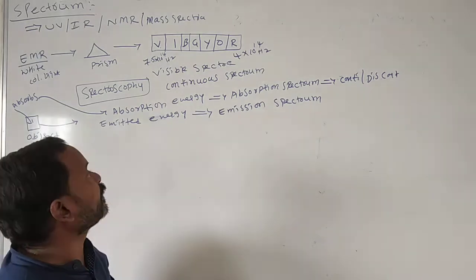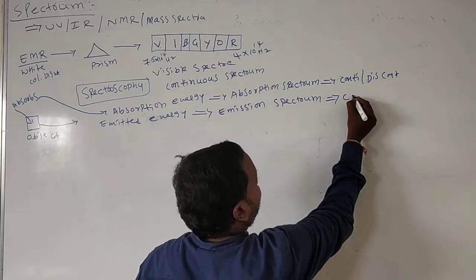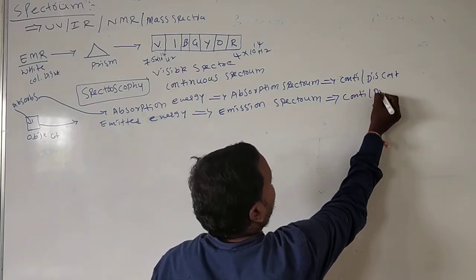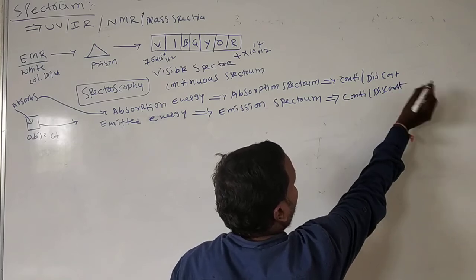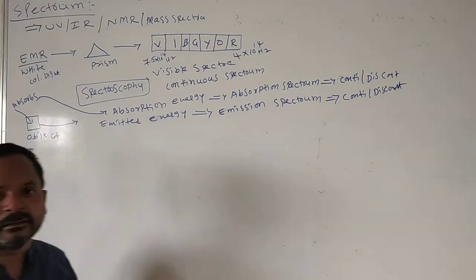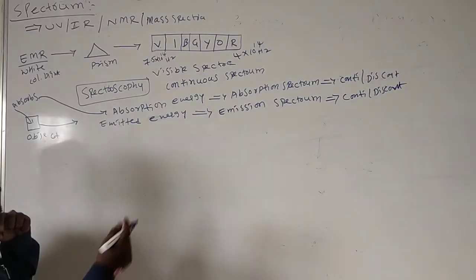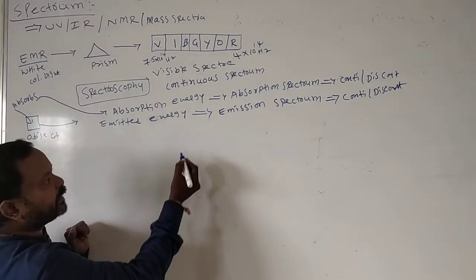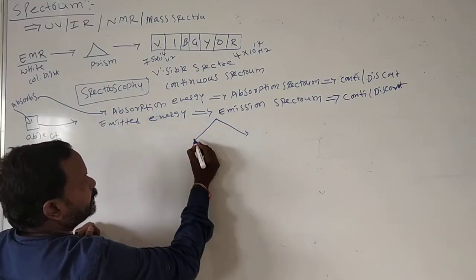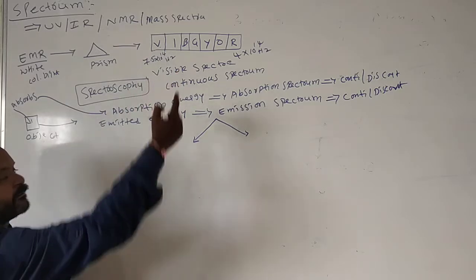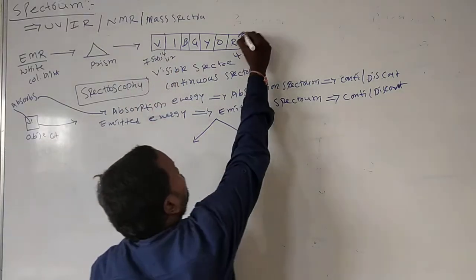That picture we call the emission spectrum. And here it may be a continuous or a discontinuous spectrum. Continuous means like VIBGYOR.